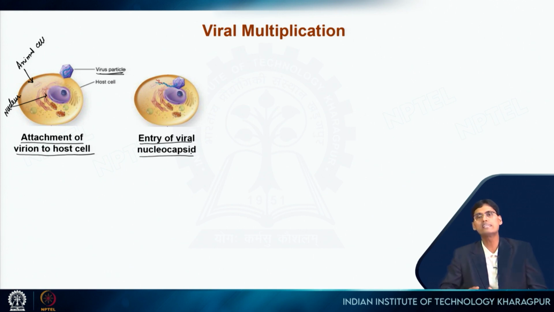Here the host cell is some bacteria, because bacteriophages attack bacteria. They just inject their genetic material inside the bacteria, and from that genetic material new virus particles will be generated. So the mechanism differs, but the major step here is the entry of the viral nucleocapsid inside the cell.